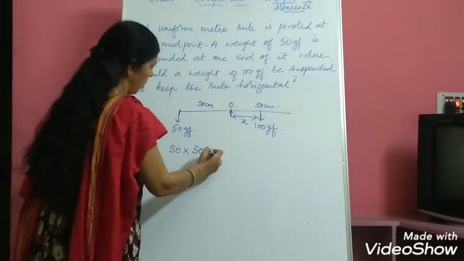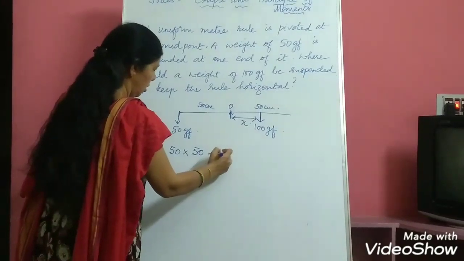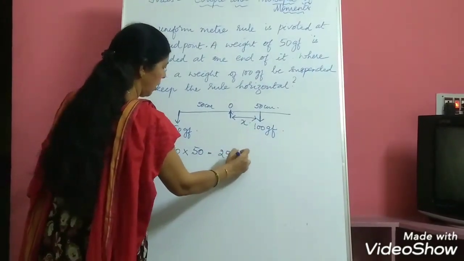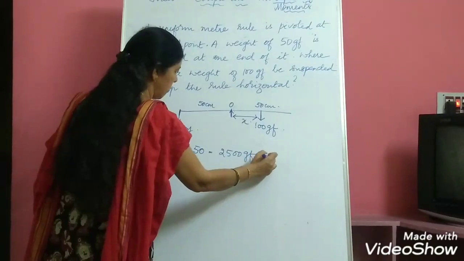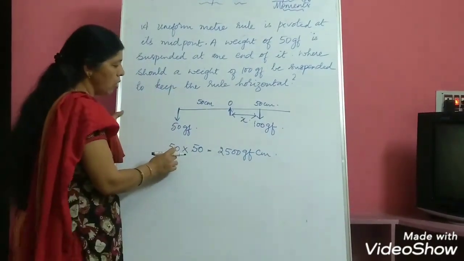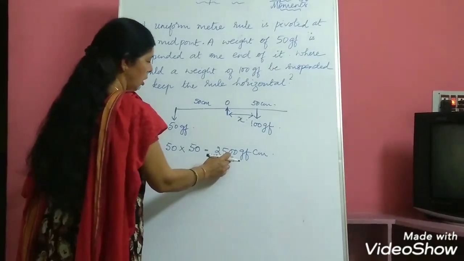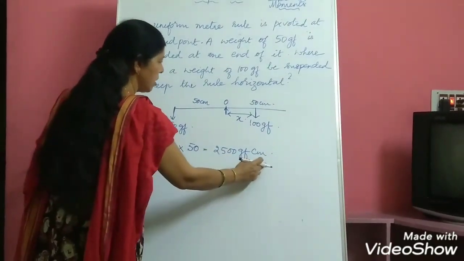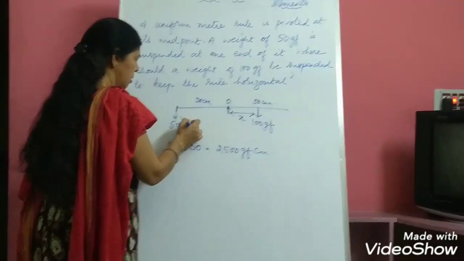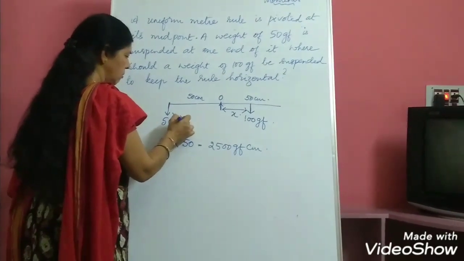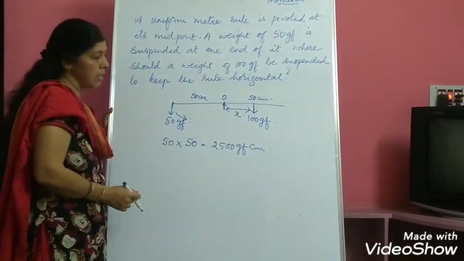So, this will be equal to 2500 gram force centimeter. This is 50 gram force multiplied by 50 centimeter, which will be equal to 2500 gram force centimeter, and this will have anti-clockwise moment.